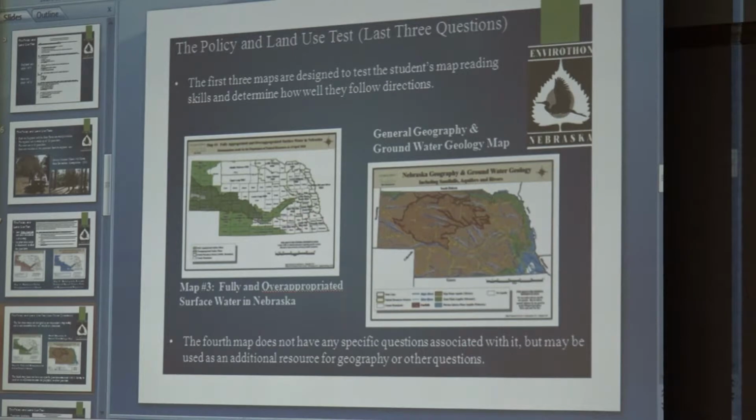So I know geography so well, and I have to remember not everybody knows geography as well as I do. So I gave them maps, a little bit of an extra reference in case they don't know where the Niobrara River is. They can find it and where the Sand Hills are. It's right there on the map in case they should need it.